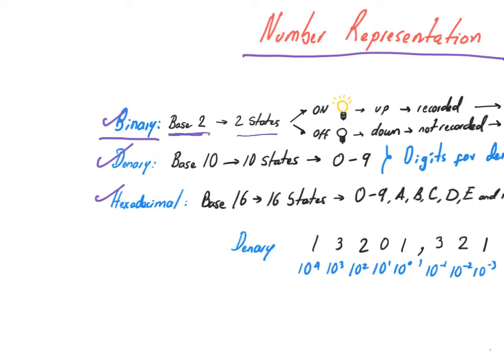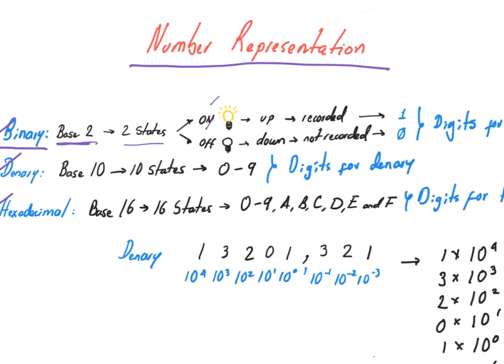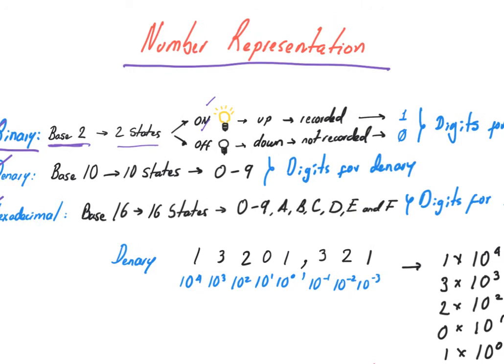Two states, why? Because we can represent things like on and off, which is very easy to do in an electronic circuit, right? Or if we were talking about mechanical, we were talking about representing up and down. So in a machine it might have been easy to represent up and down.